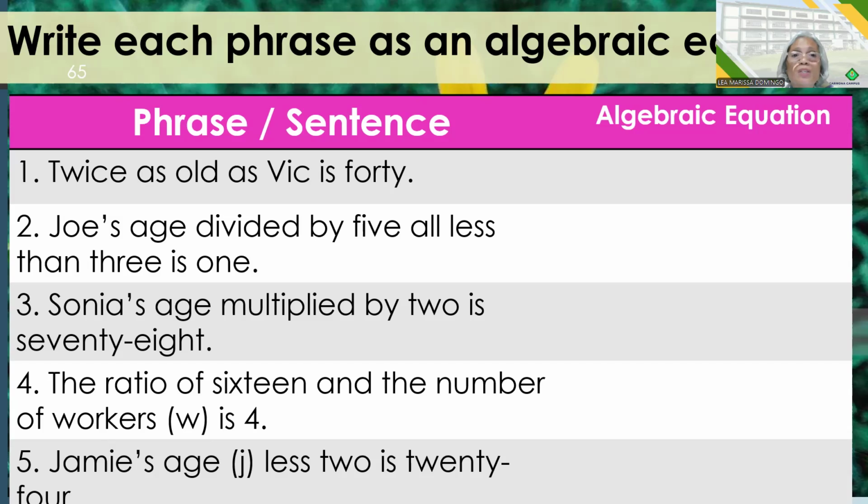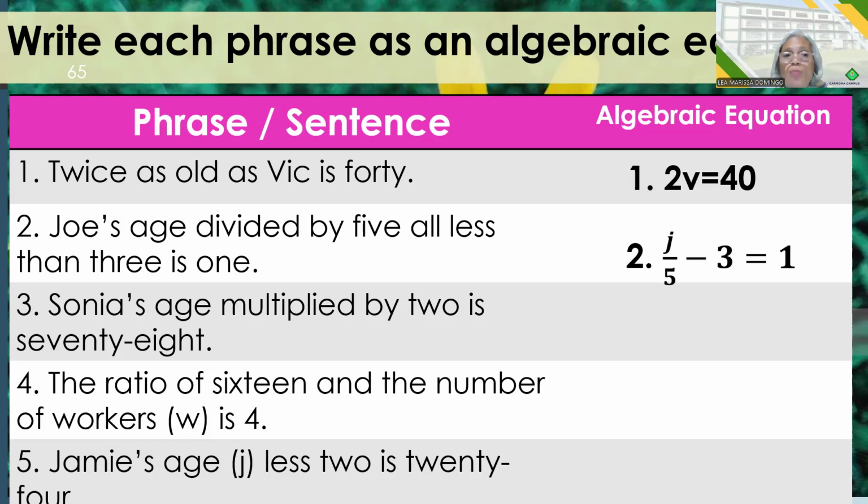Twice as old as Vic is 40. So, 2V is equal to 40, V for Vic's age. Number 2, Joe's age divided by 5 less 3 is 1.